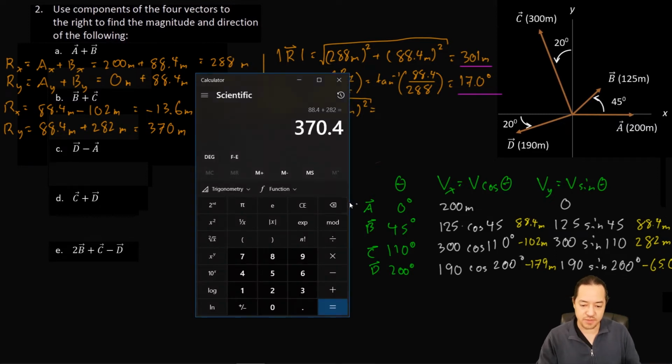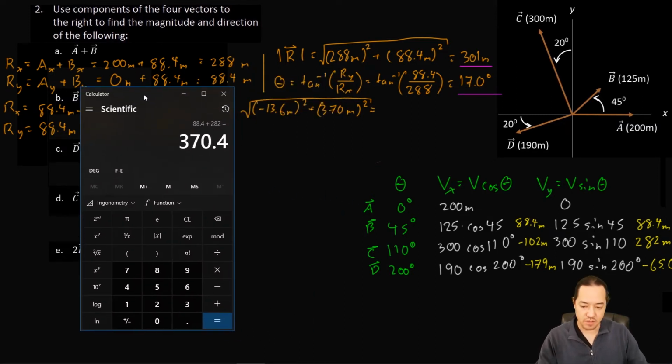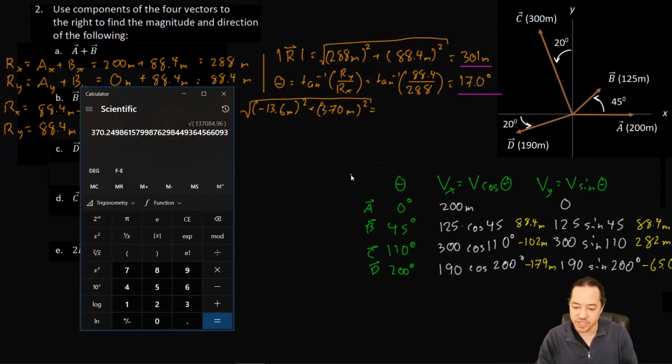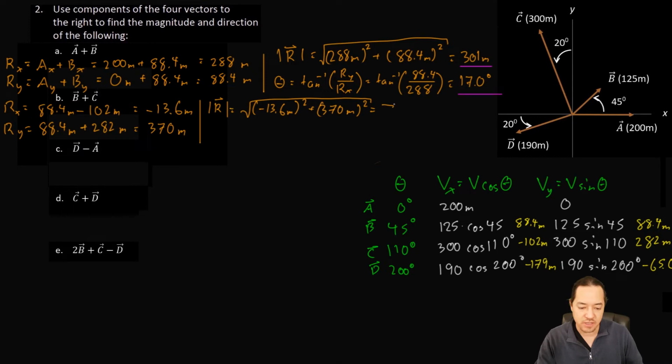And what do we get here? All right, 13.6 squared, technically negative, but that doesn't really make a difference. And then we also have 370 meters squared. We'll add that together, and for the total here, we take the square root of that, and we get 370 meters. And that's going to be our answer here.